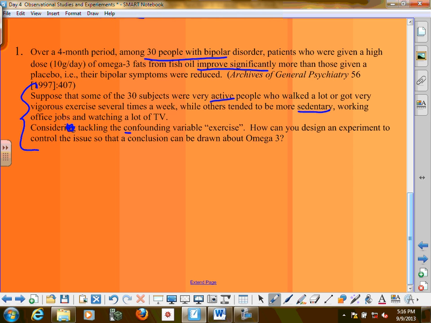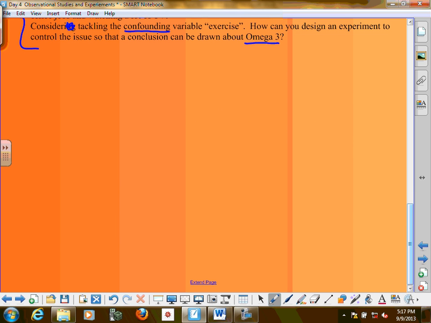Remember, confounding clouds the issue, where we can't tell if the improvement is because of exercise or because of the omega fats. So we are going to control exercise so that we have only a conclusion about one thing, and that is the omega-3.